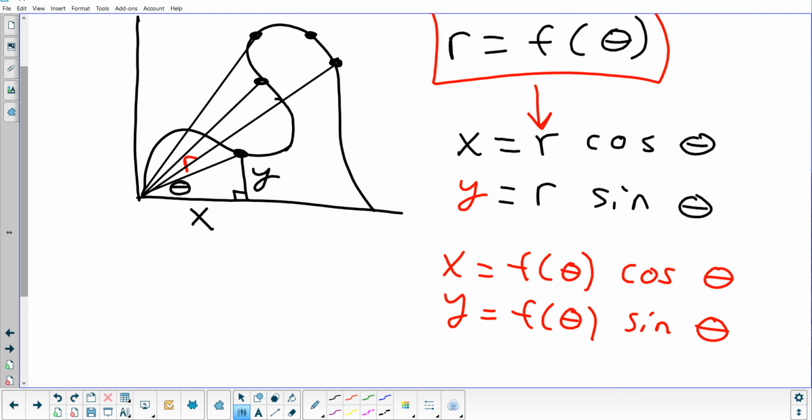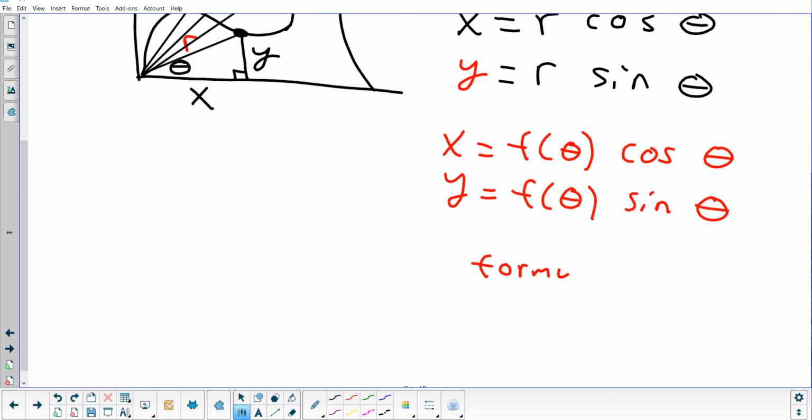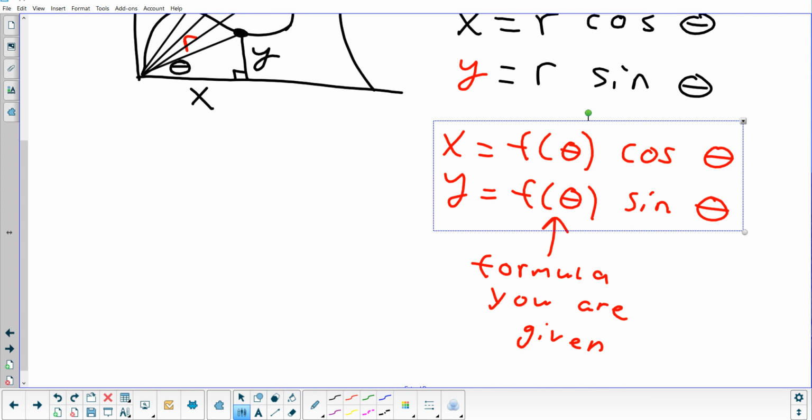You get two different equations, and here is the calculation for the radius. It's the formula that they give you. Let me write that down. This is the formula you are given. The formula you're given times the sine will give you the y value, and the formula you're given times the cosine will give you the x value.